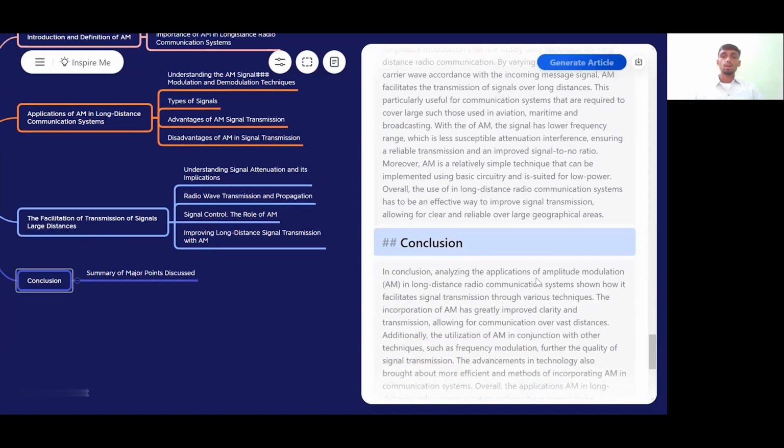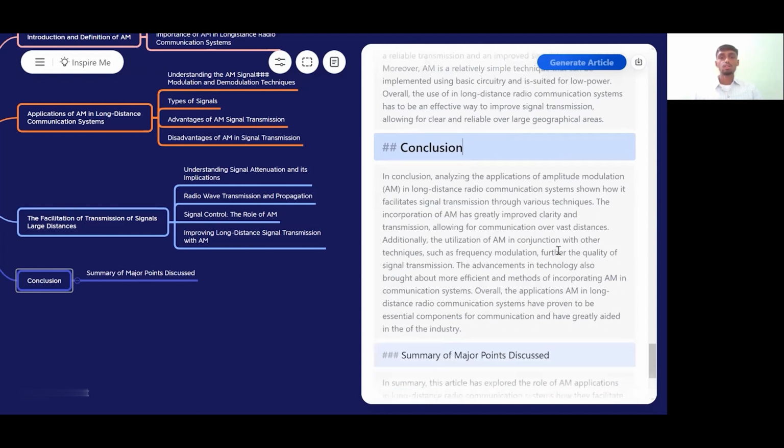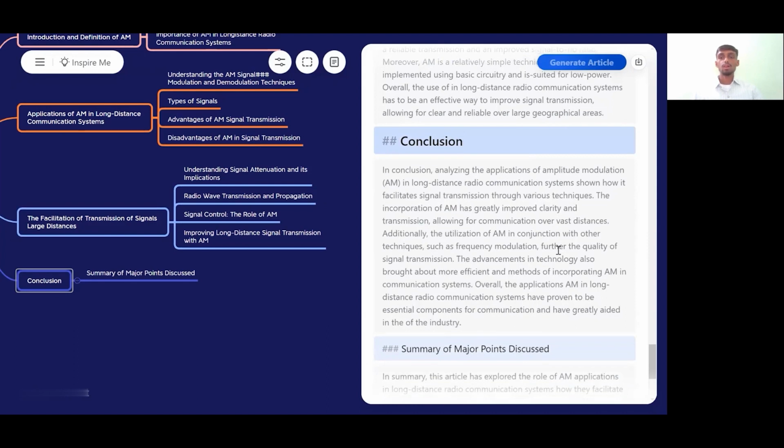Next, I am going to the conclusion. We analyzed the application of amplitude modulation in long distance radio communication systems and showed how it facilitates signal transmission through various techniques. The incorporation of AM has greatly improved clarity and transmission, allowing communication over vast distances. Additionally, the utilization of AM in conjunction with other techniques such as frequency modulation further improves the quality of signal transmission.